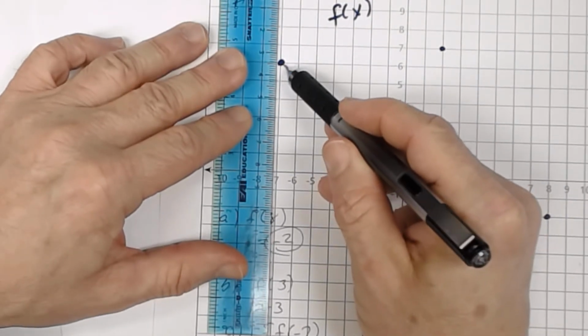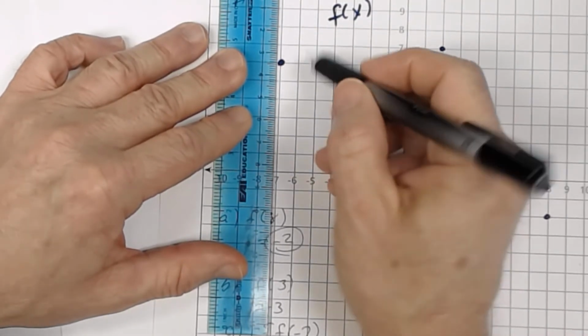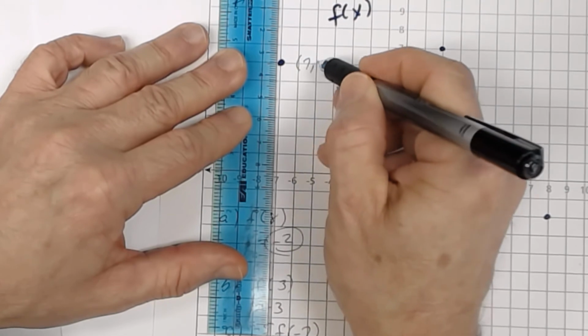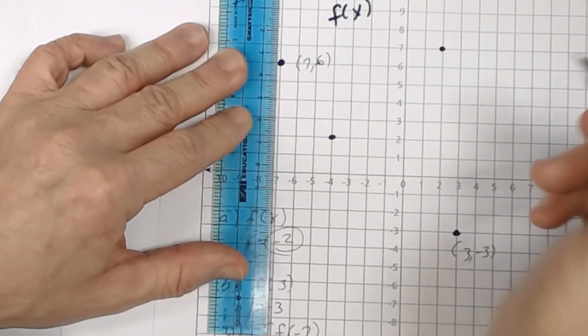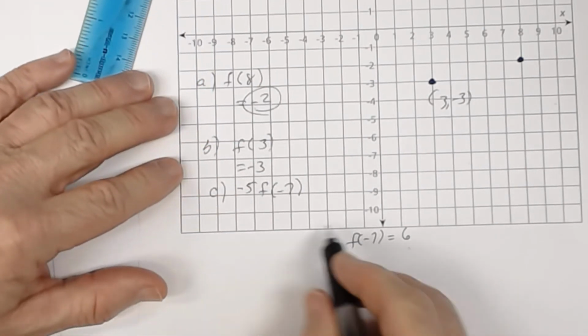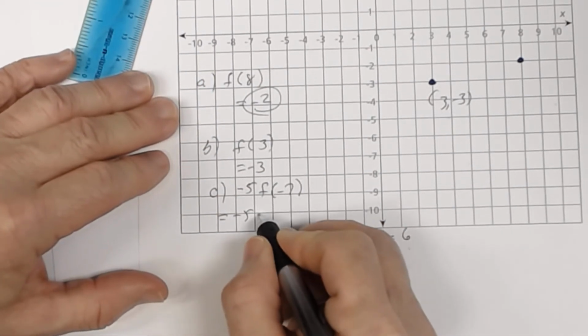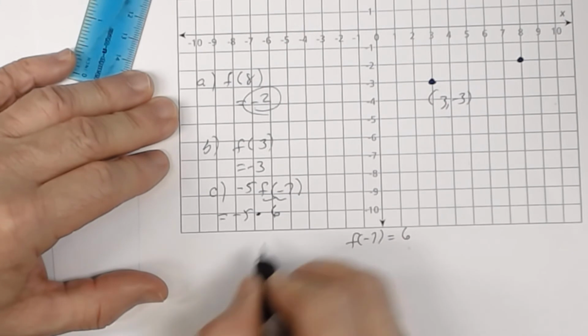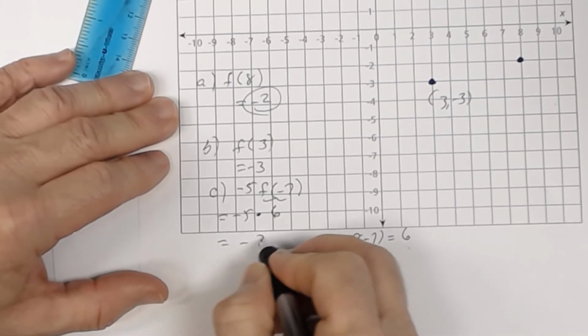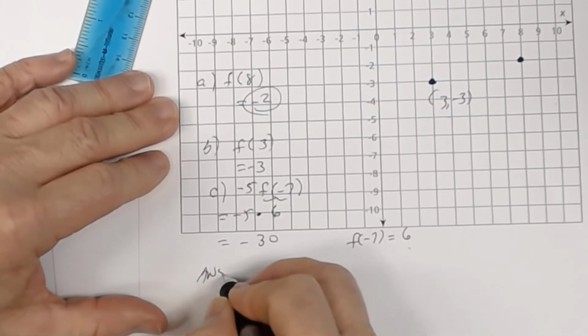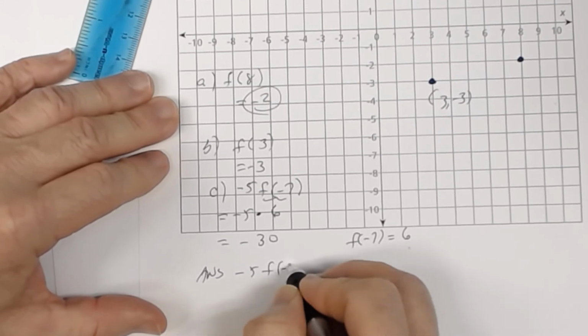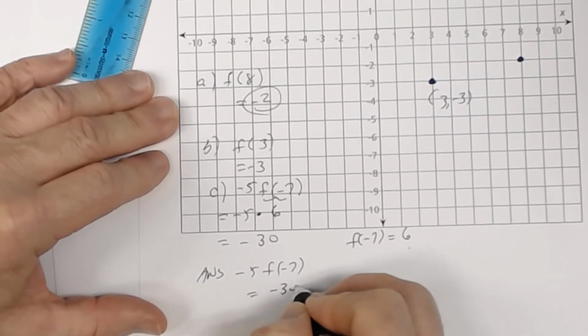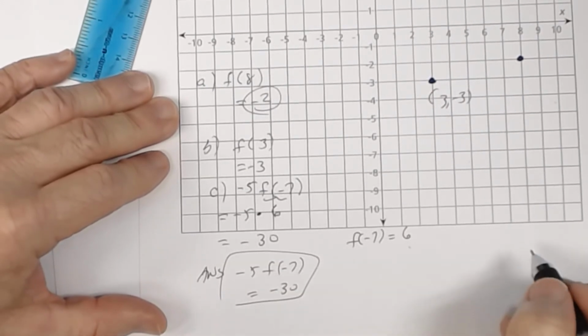My y value is 6. If you need to label it, you label it. That's negative 7, 6. So f of negative 7 is 6. So this becomes negative 5 times 6, which gives negative 30. So the answer is negative 5 times f of negative 7 equals negative 30. All right?